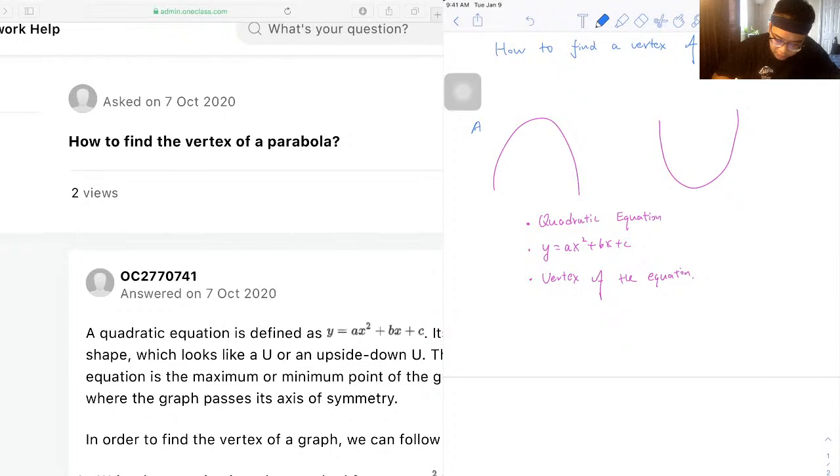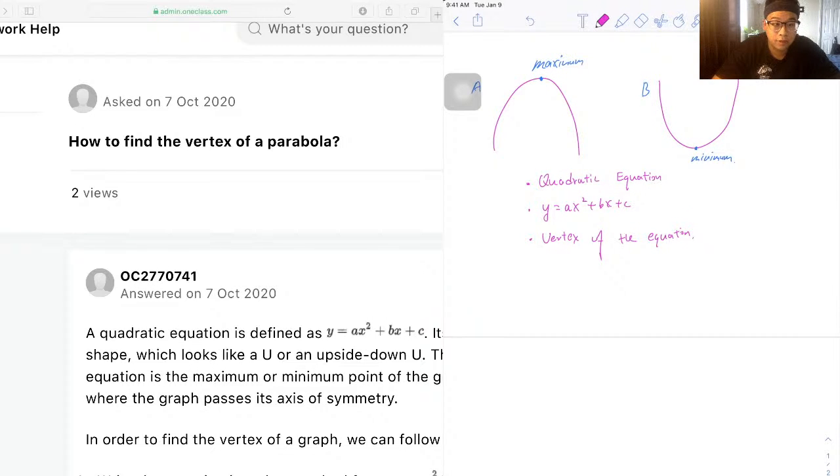Let's call it graph A and graph B. In graph A, the vertex will be the maximum because all other points are below it, and for graph B, the vertex will be at the minimum point. As you can see, all other points are above it.